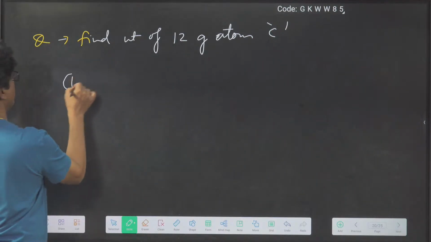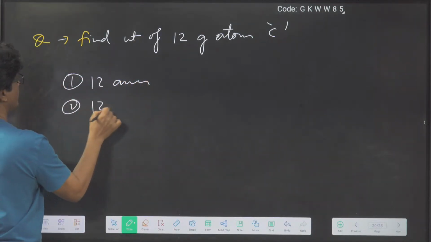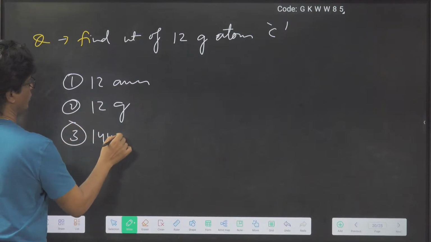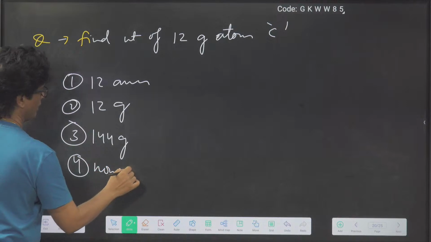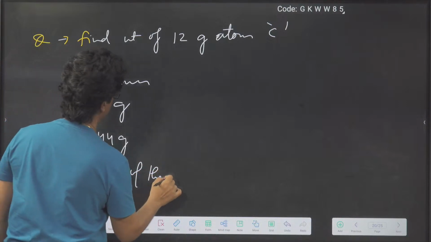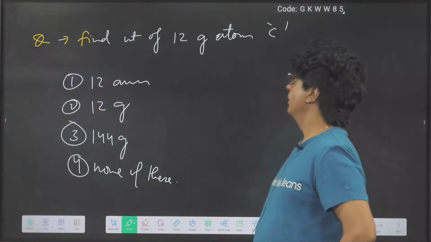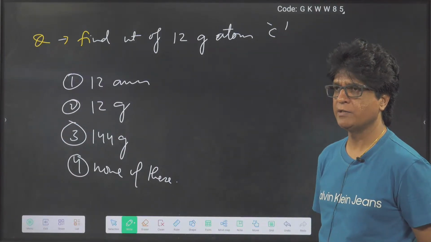First option I'm giving you is 12 AMU. Second, 12 gram. Third, 144 gram. Fourth, none of these. Come on. 12 gram atom. Which one do you believe is the correct answer?